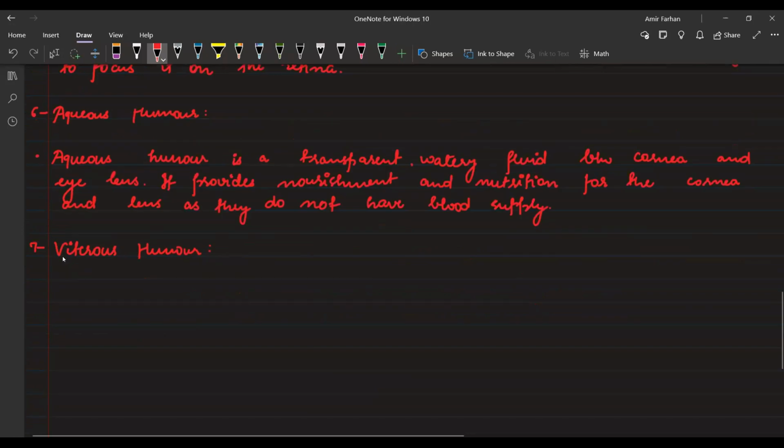So basically, both the aqueous humor and vitreous humor are watery liquids, and the major function of both is to provide nutrition in the eye. This one provides nourishment to the cornea and the lens portion, and this one maintains the shape inside the eye. You must have seen that our eyes can move anywhere without any friction, so there is a liquid in our eye. When we put our finger on the eye, a kind of liquid comes out. That is your aqueous humor.